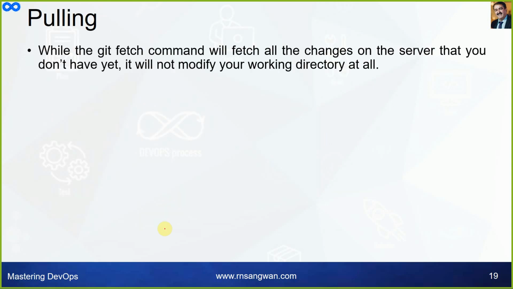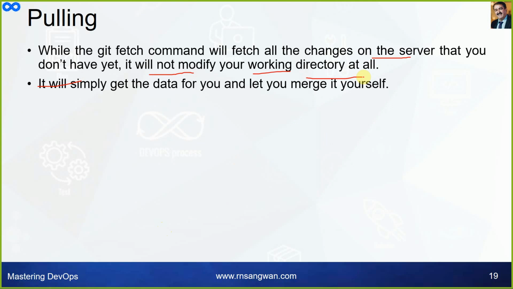Pulling. While the git fetch command will fetch all the changes on the server that you don't have yet, it will not modify your working directory at all. It will simply get the data for you and let you merge it yourself.